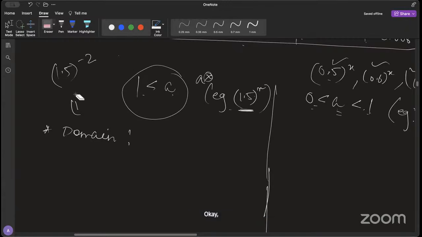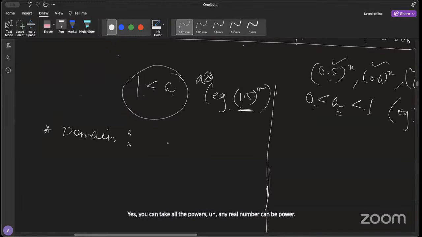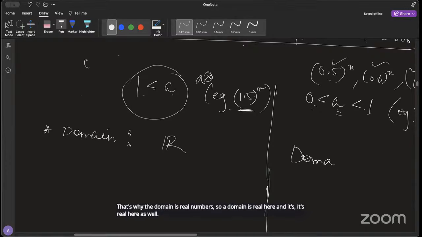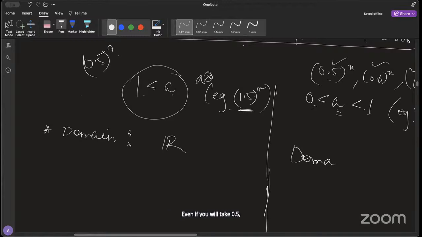Ma'am, so all real numbers can be taken as a power in the domain? Yes, you can take all the powers. Any real number can be a power. That's why the domain is real numbers. So the domain is real here, and it's real here as well. Even if you take 0.5, I can take any power here, right? That's not an issue. So your domain is R here as well.